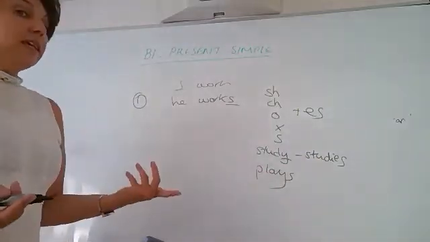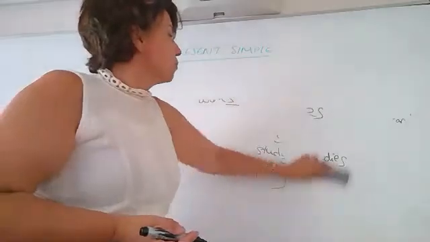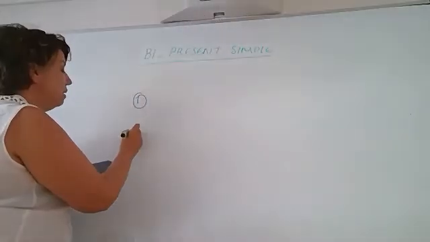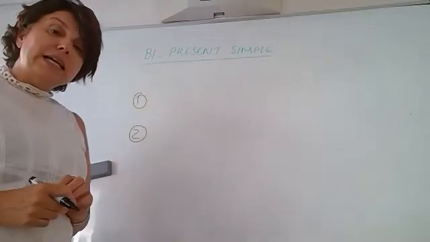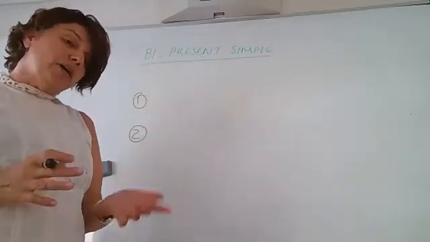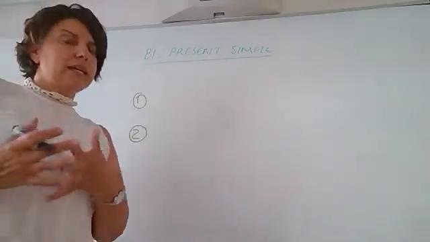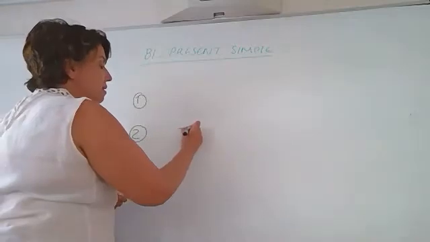Bueno, lo siguiente que hemos visto es cómo se hace la pregunta y la negación. Bueno, no lo voy a repetir todo, pero simplemente que veas que la negación es así.